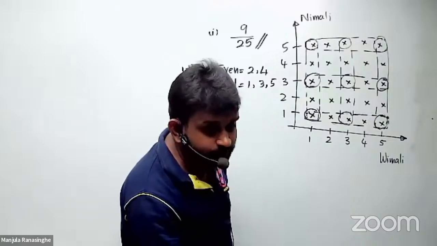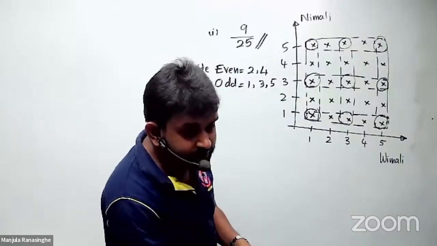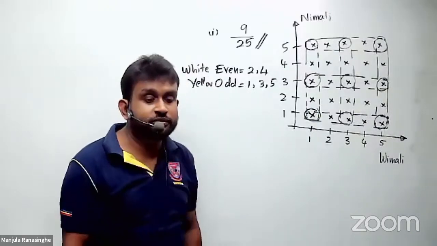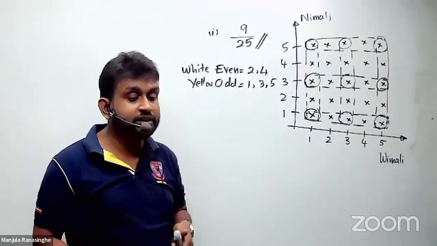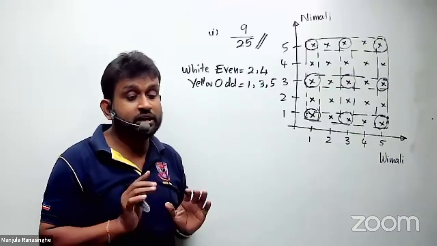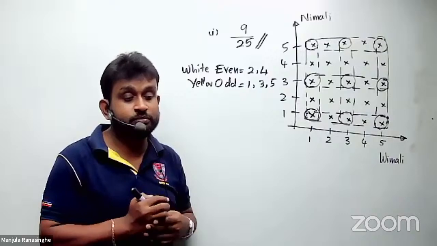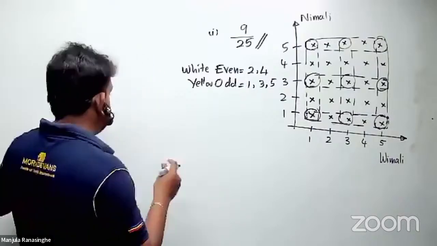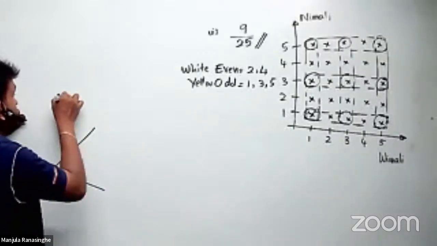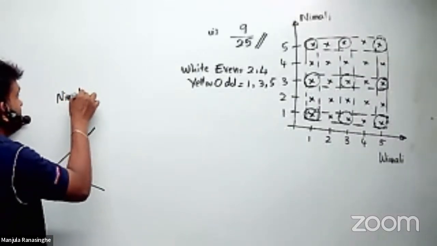Now we will see part 2 of the question. Below shows an incomplete tree diagram when Nimali rotates the wheel to get some color. Complete the diagram for Nimali. Here the tree diagram is given. Now they are mentioning the color.